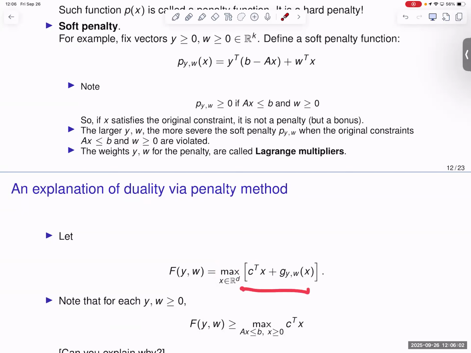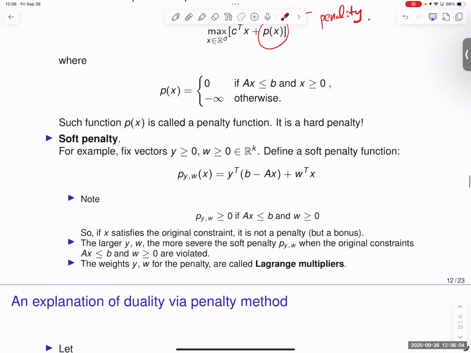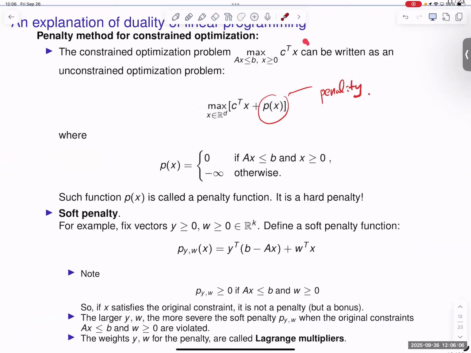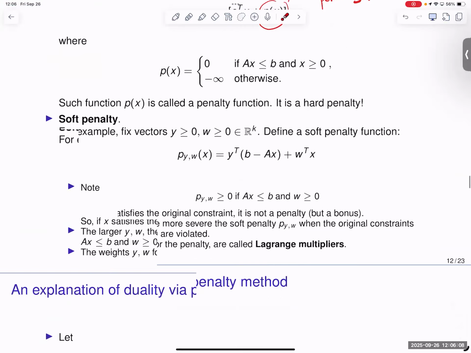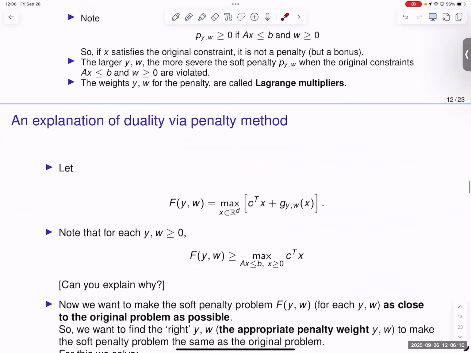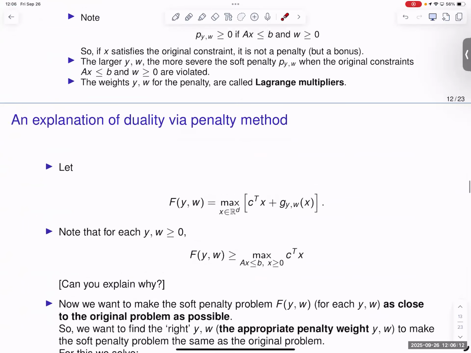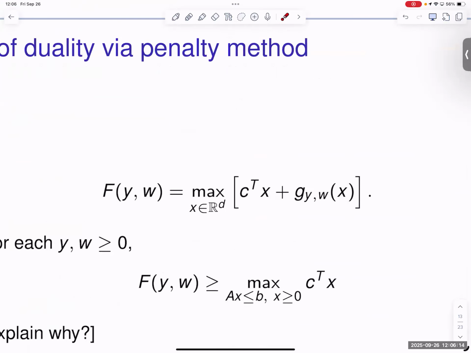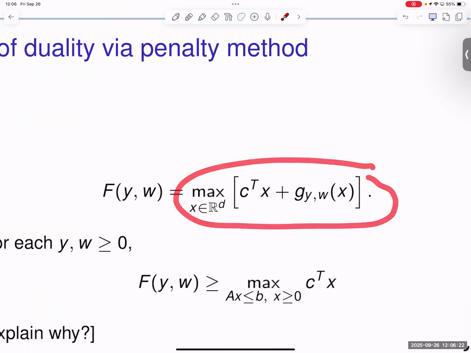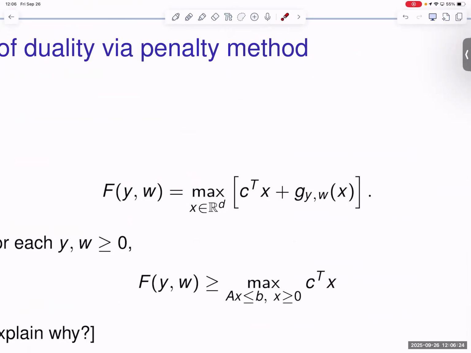Okay, so this problem is not exactly the same as this problem, but it can be related. Here, given Lagrange multipliers y and w, you can consider the maximum value of this. Okay, like a total benefit of putting this, let's say, soft penalty.